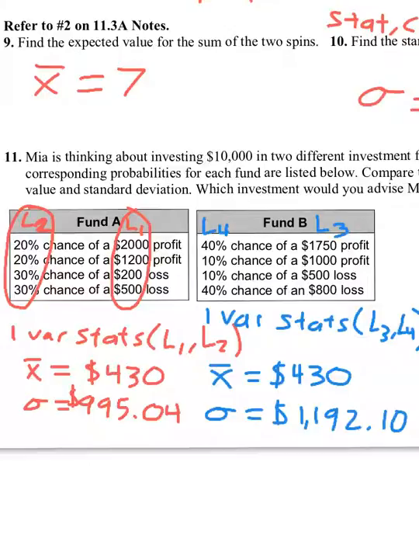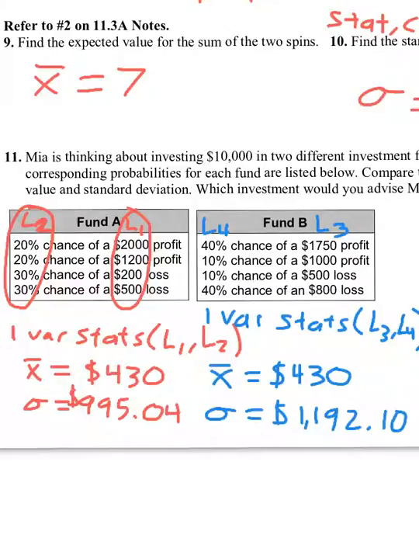So if you want to be more conservative, you choose the fund or the option that has the smaller standard deviation. What that means is there are more values closer to the average. For Fund B, while it's not as conservative, it does have more of a chance for larger gains.